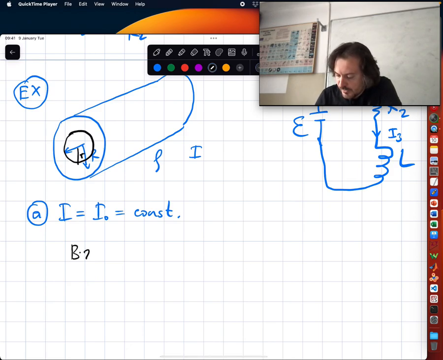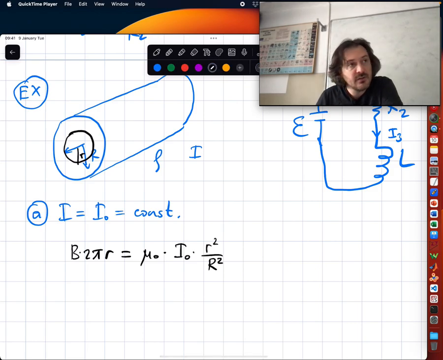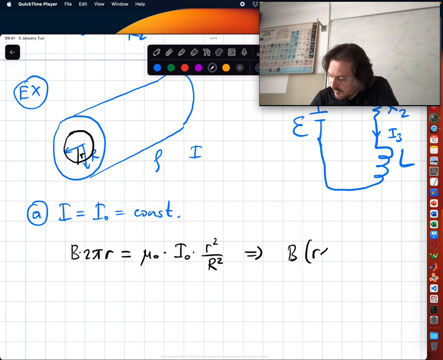B times 2 pi r equals the enclosed current, which is going to be mu 0 times I0 times small r squared over big R squared. Do you agree with this? J times A. So the magnetic field inside is mu 0 I0 r over 2 pi big R squared.